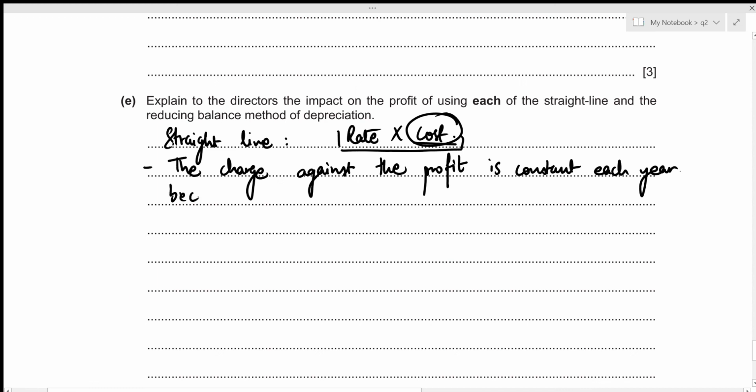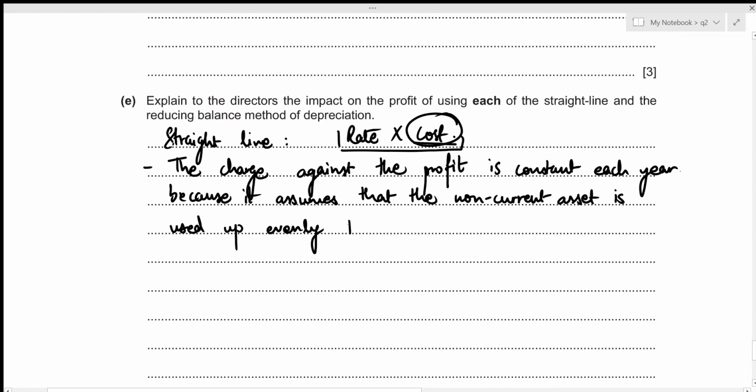Because it assumes that the non-current asset is used evenly throughout its useful life.